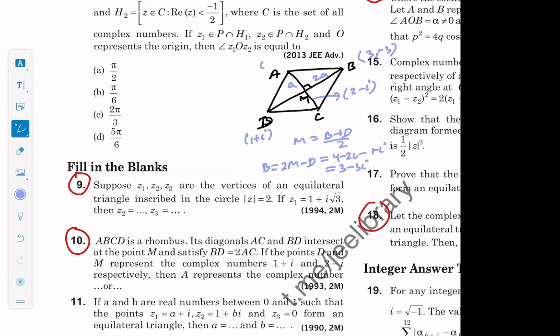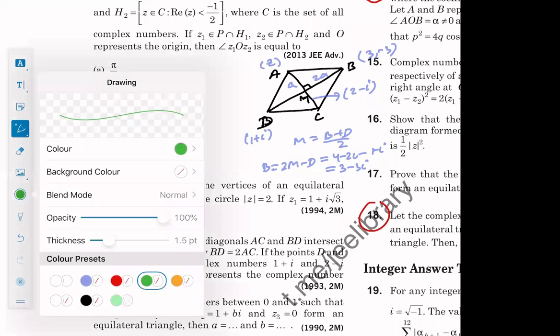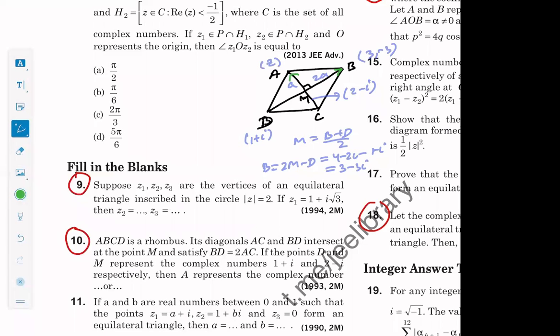Now let's say this one is Z, then I have to make a rotation this way. I have to rotate the MB vector to form the AM vector. So the AM vector is Z minus 2 minus i, upon the MB vector. What is the MB vector? MB vector is 3 minus 3i minus 2 minus i.